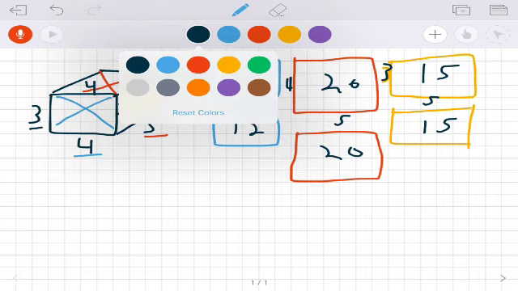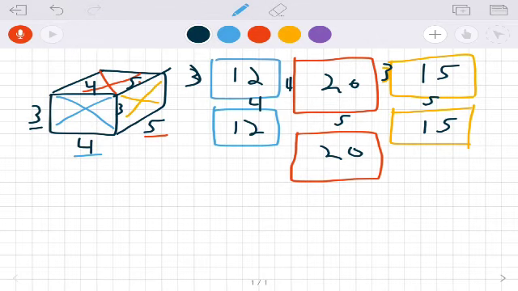So down here we would have a total, this would be 12 plus 12 plus 20 plus 20 plus 15 plus 15. So this is 24 total. This right here would be 40, and this would be 30, which would give us 94. So we would add these up, and that would give us 94. And our surface area would be 94.